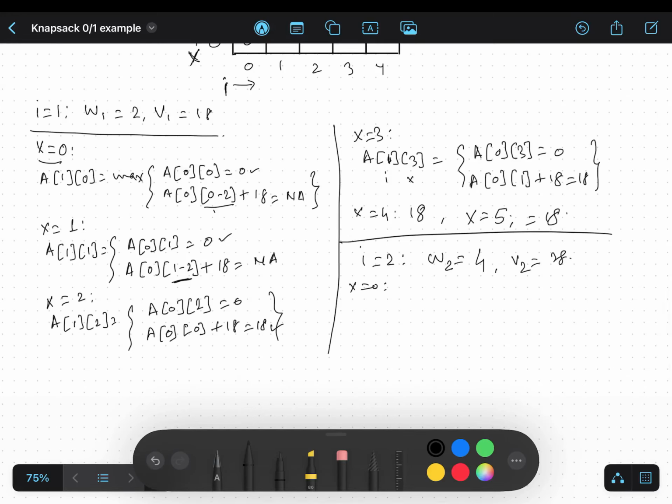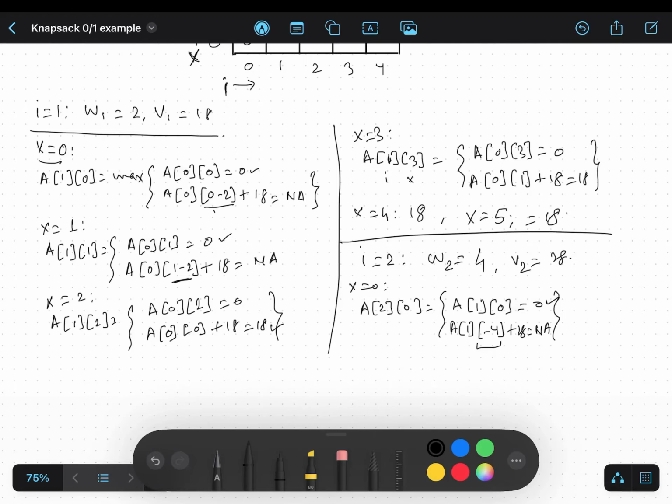x is equal to 0, which means A2 0 is going to be A(i-1), which is 1, and x, which is 0, and A(i-1) is 1, and this is x is 0, x minus W2, which is minus 4, plus 28 is equal to not applicable, because x minus Wi is coming out to be less than 0.